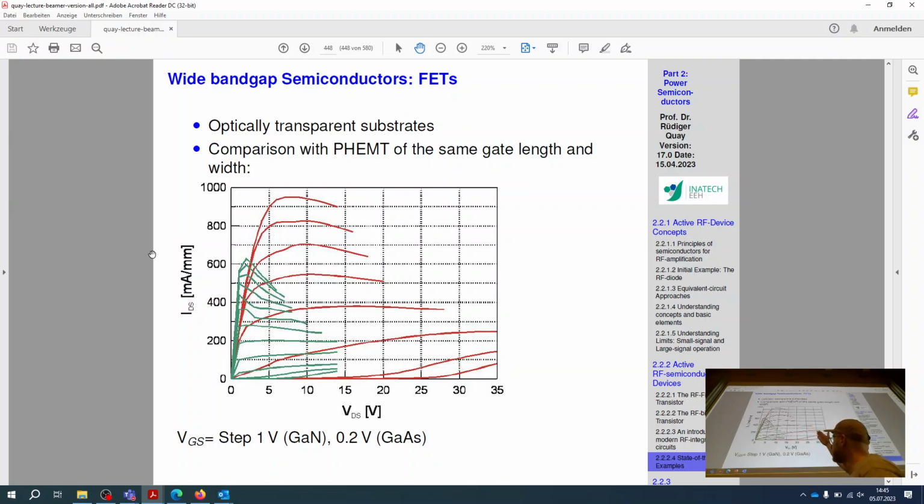We can see the output is that in comparison, the GaN, depicted in red, produces a far higher drain source current than the GaAs, depicted in green.